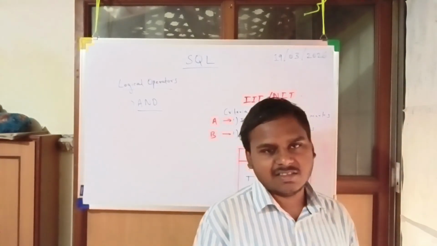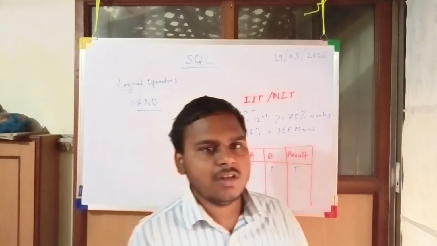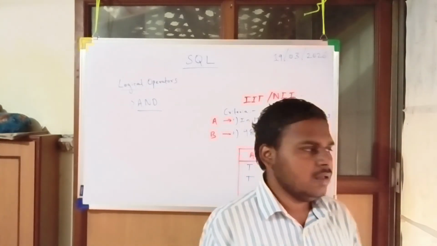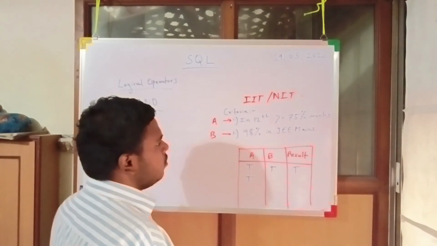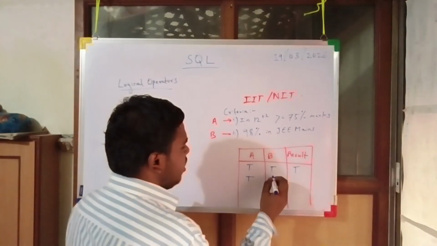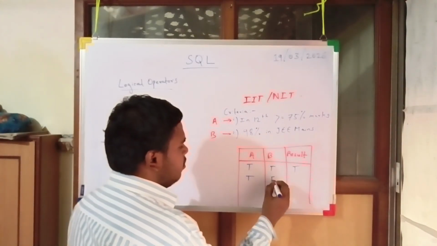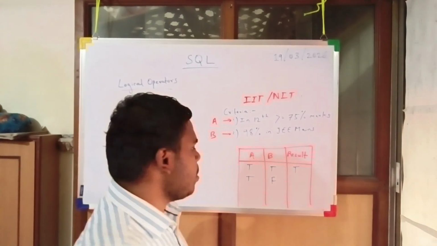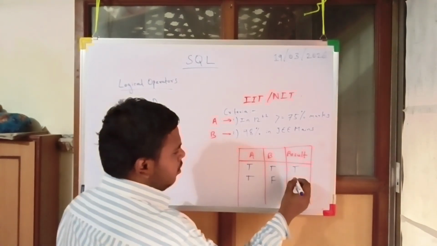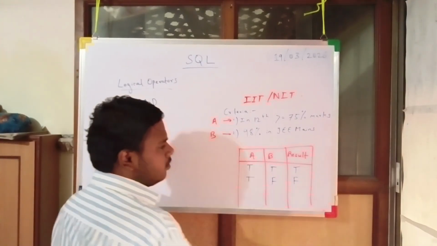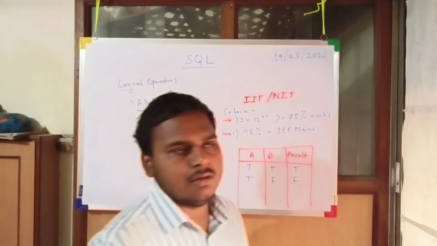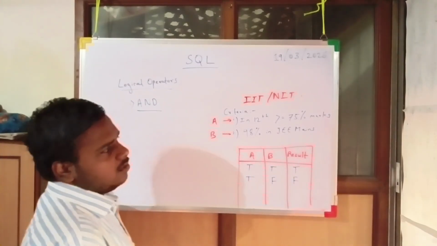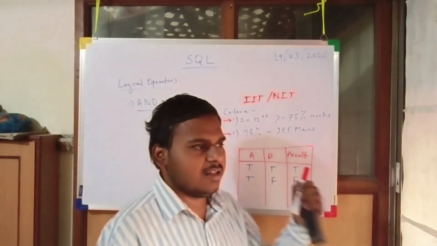But in the entrance exam, rote memory will not work. Here you have to use logic, and practice is necessary, which you have not done. So you scored, let's say, 50 percentile and did not meet the second condition. 98 percentile is the minimum, so you will not get admission. The condition failed, meaning false. You will not get admission in top IITs or NITs. Please don't take it personally, sir; I am only taking an example to explain.